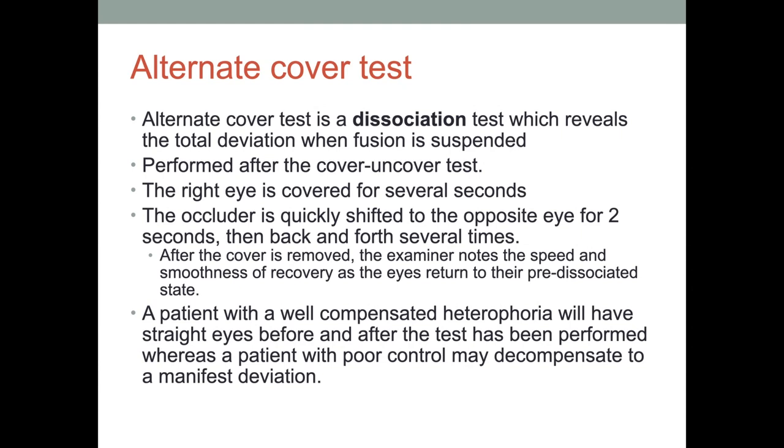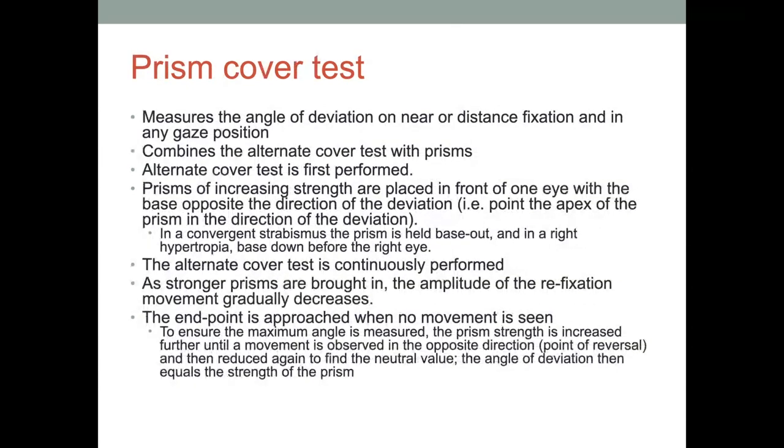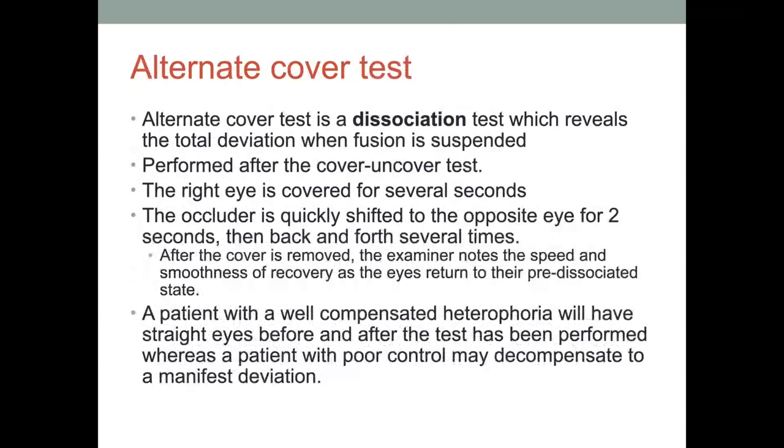However, a patient who has poor control may decompensate to a manifest deviation. So basically, if you have someone here who you think may really have a deviation, once you do this test and you cover the eyes alternately, after a while, one eye will turn out suddenly if they have poor control.